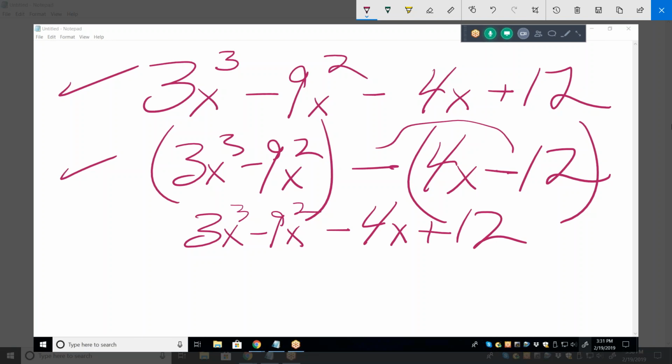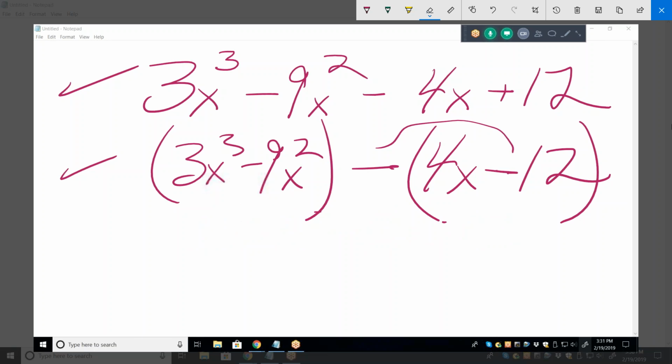That's what I started with. That's what you want to make sure, is that you end up exactly with what you started with. If it's different in any way, shape, or form, then you've done it wrong.